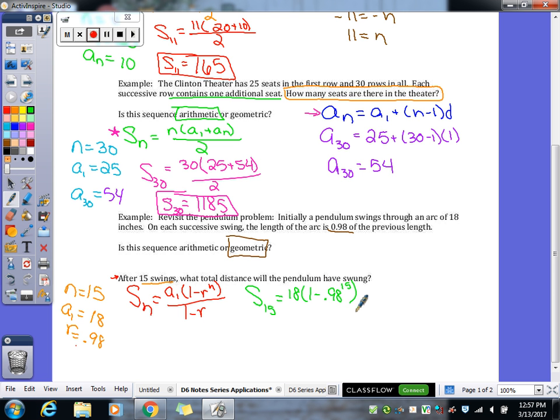So when you plug everything into your formula, 18 times 1 minus 0.98 to the 15th power, all over 1 minus 0.98.